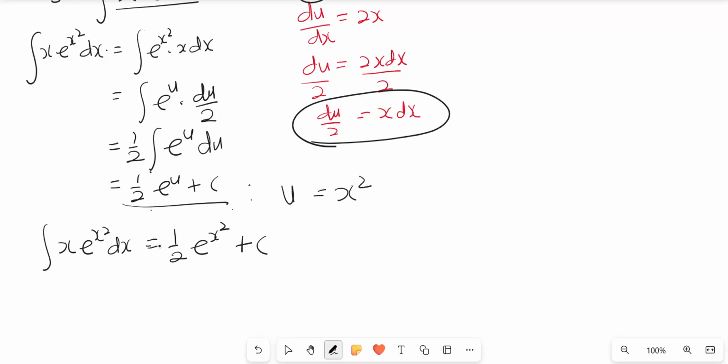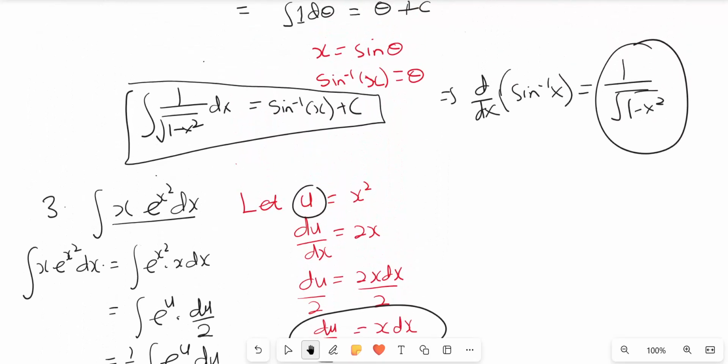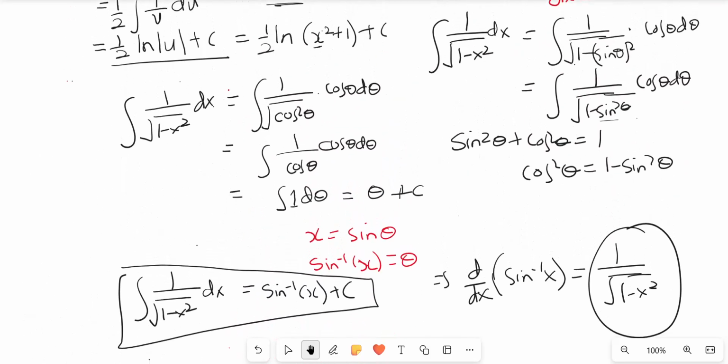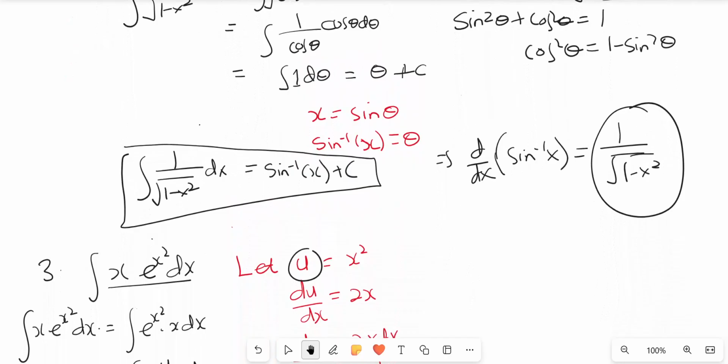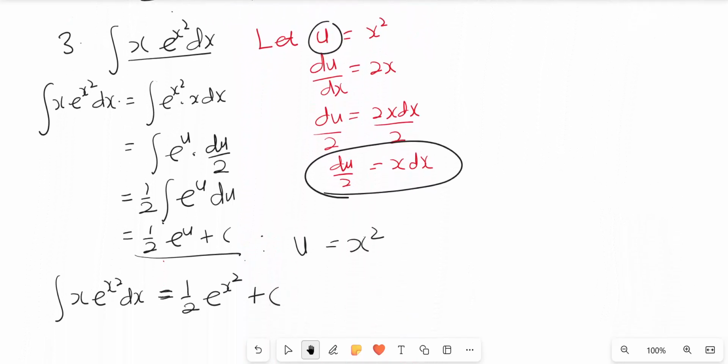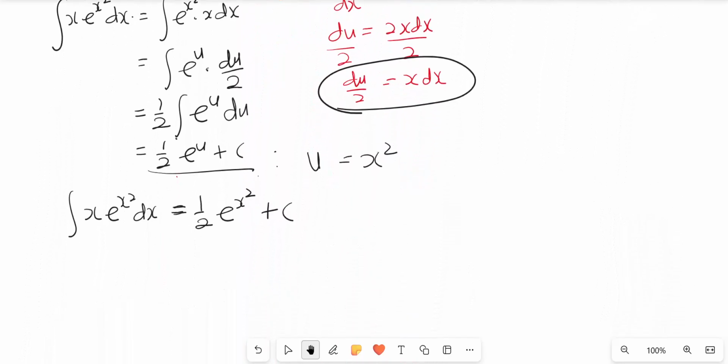And that is the value of this third integral. So this is how the u sub works. The first one was a natural logarithmic function, the second one a trig function, and the last one an exponential function. So that's it.